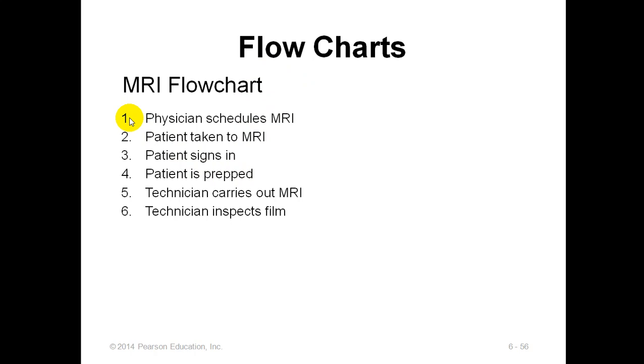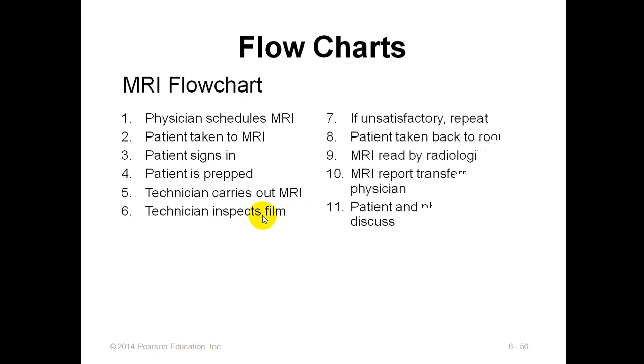Number one step is of the MRI: the physician schedules the MRI, then the patient is taken to the MRI. In the third step the patient signs in, the patient is prepared, then the technician carries out the MRI, then the technician inspects the film, and the seventh step is, if unsatisfactory, we repeat the process.